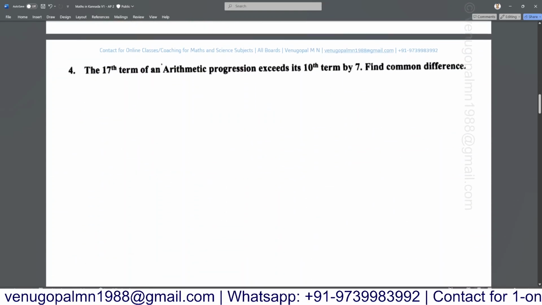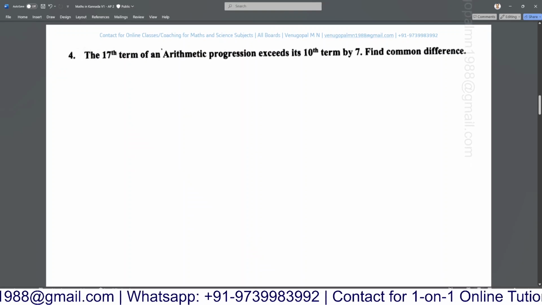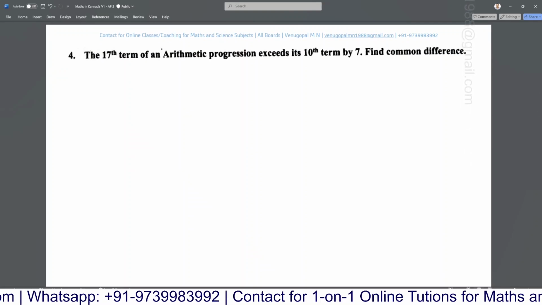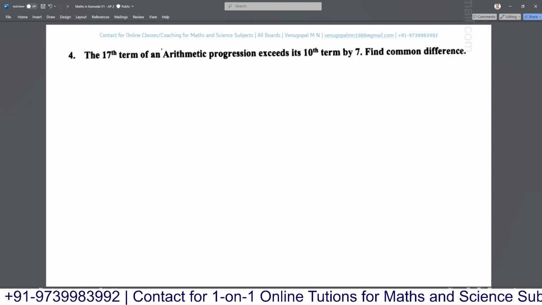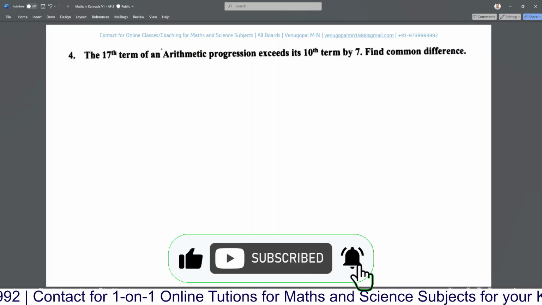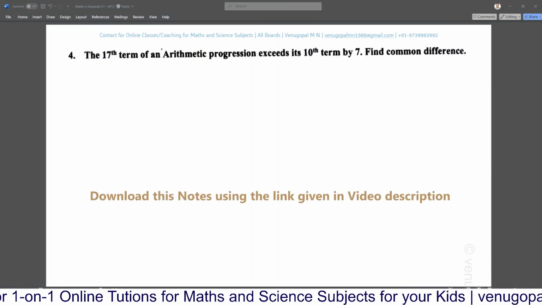Similarly, let us move on and see the next question. The 17th term of an arithmetic progression exceeds its 10th term by 7. So here you have to find the common difference.